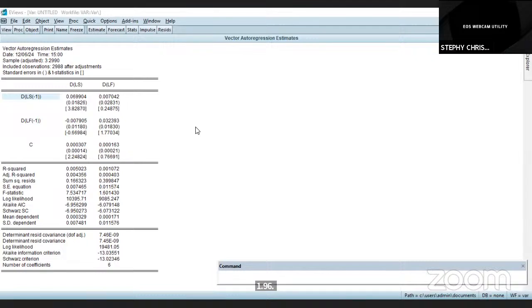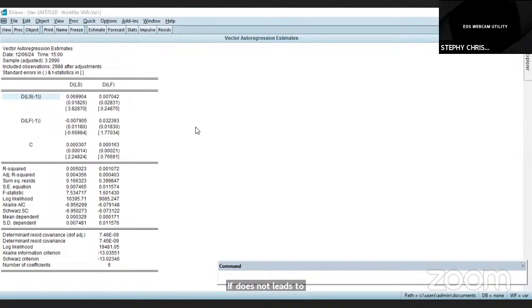Leave the sign. No. So it is statistically insignificant. So F does not lead to LS. F does not lead to spot.